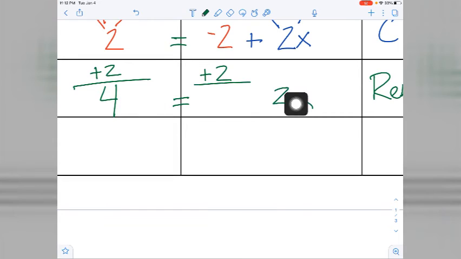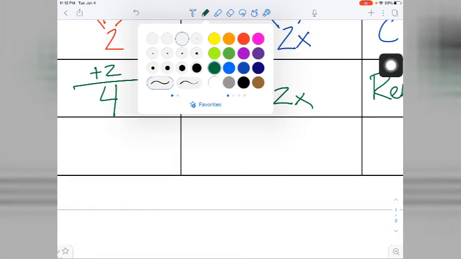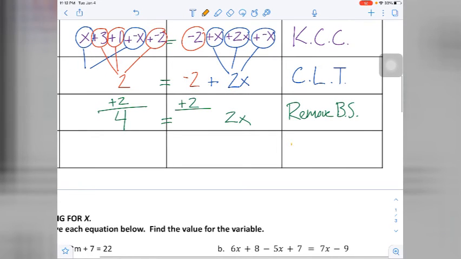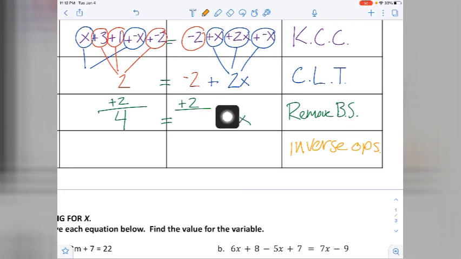And so I know if 2x equals 4, I have to figure out what 1x equals. My simplifying step here to solve is to use inverse operations. I'm just going to write ops though. And what that means, I need to get rid of this 2. And I know that this 2 is being multiplied by x, 2 times x.